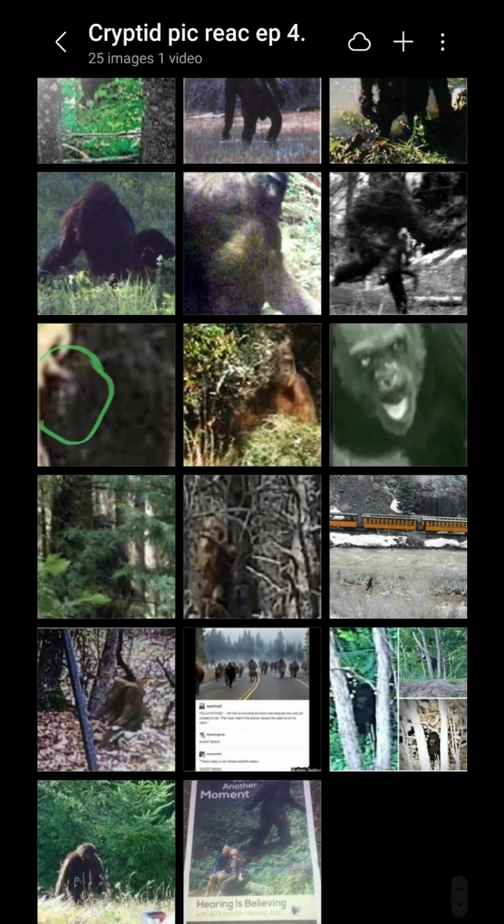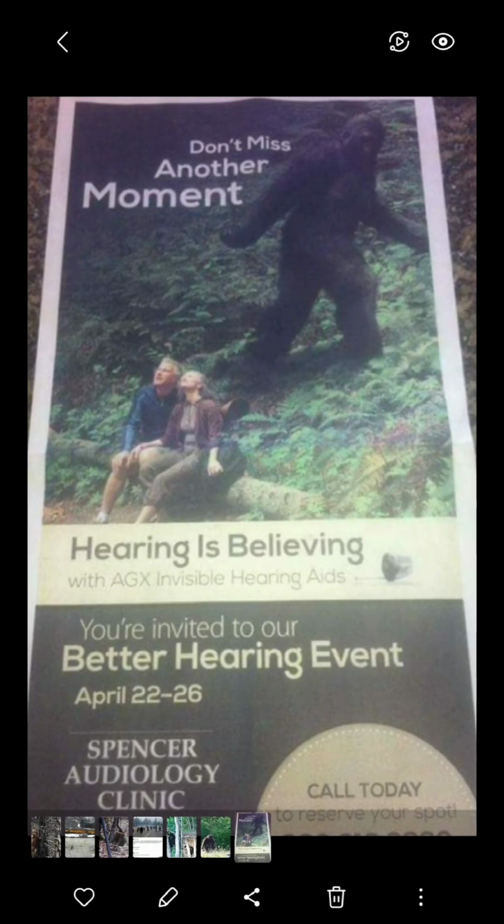This picture went around for a while. It's sort of a textbook Bigfoot. I mean, the picture quality is terrible, but it was being boasted as a real picture, like a trail cam and this and that. Well, what it actually is, is this.